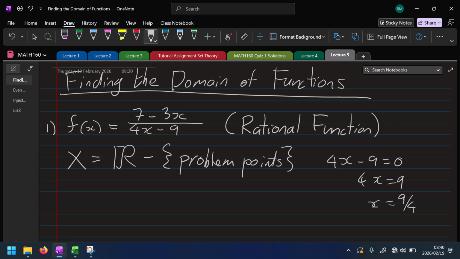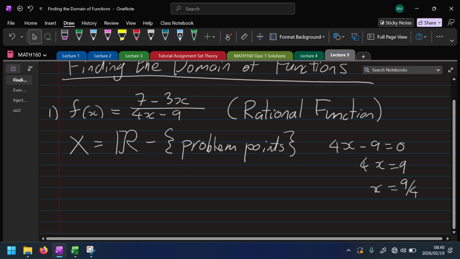If we take the whole real number line and we remove this point, we're going to have 2 parts. One part from minus infinity up to this point, not including this point because we took it away. And then everything from this point up to infinity, again, not including this point because we want to take it away.